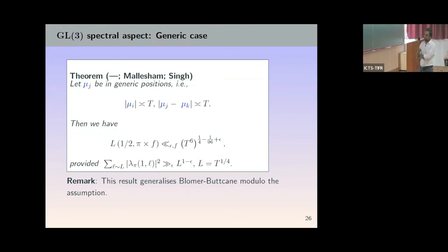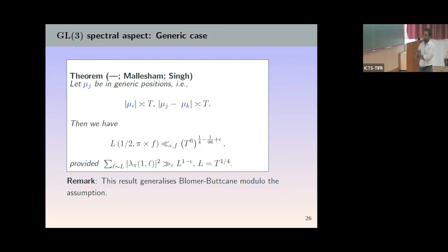So let's move on to our next result. Indeed, we also consider the spectral parameters to be in generic position, again like in the Blomer-Buttcane result, and we also get subconvexity here: T to the power 6 to the power 1/4 minus 1 by 96. But we have to assume a condition on the Fourier coefficients of GL3 forms.